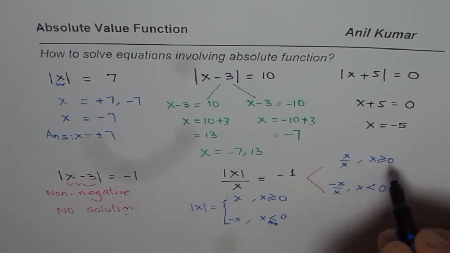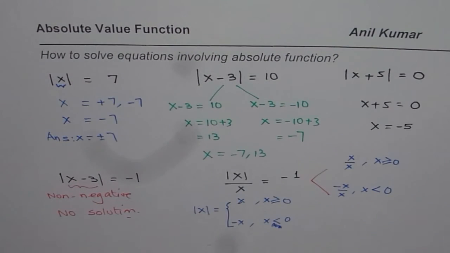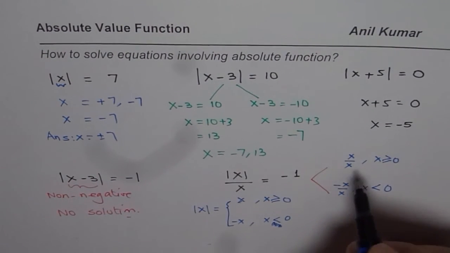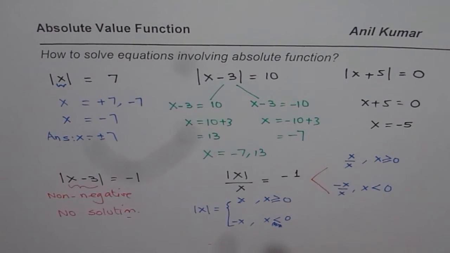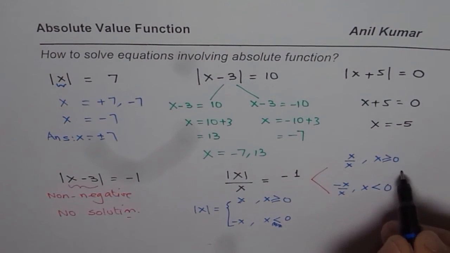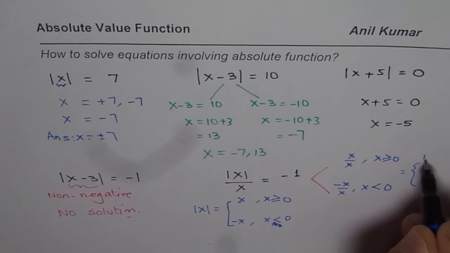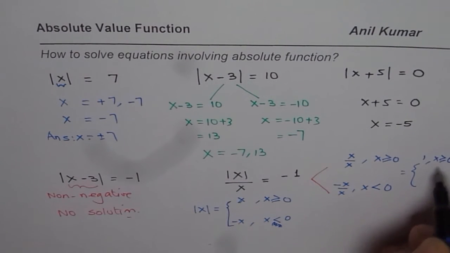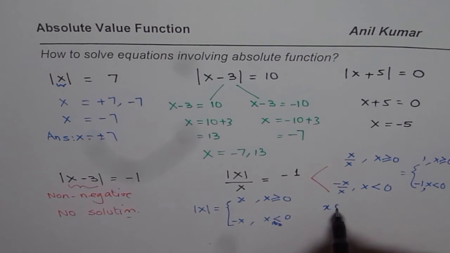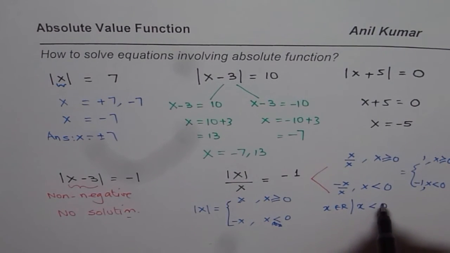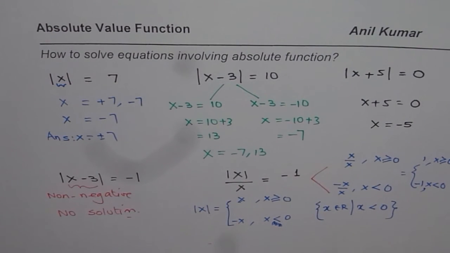Now you can clearly see that when x is greater than or equal to 0, x over x is 1. So what we get here is that the solution is 1 when x is greater than or equal to 0 and minus 1 when x is less than 0. Do you get the idea? So the solution for this is that x belongs to the real numbers where x is less than 0. So that becomes part of the solution.